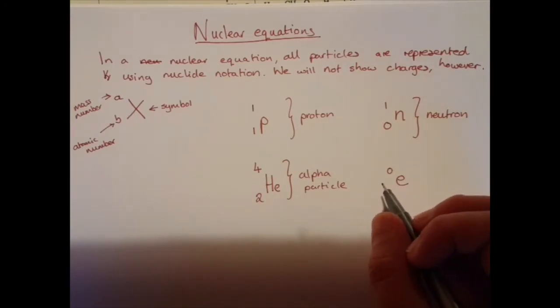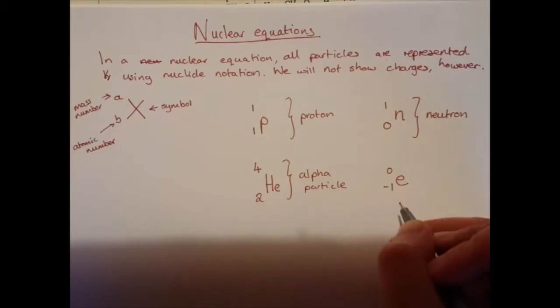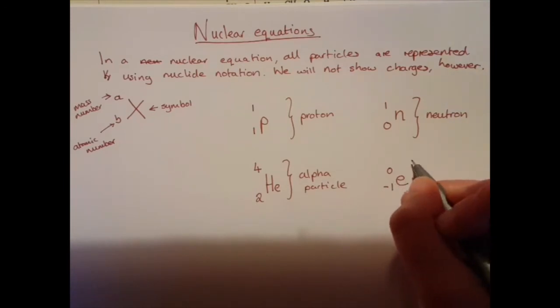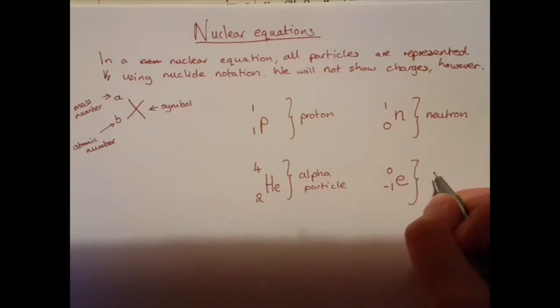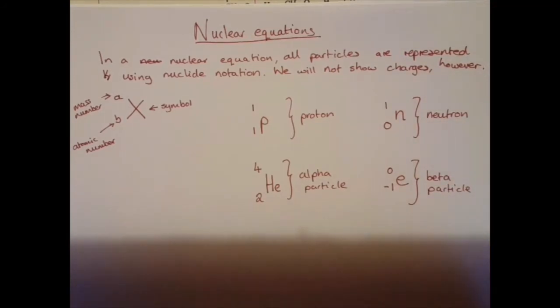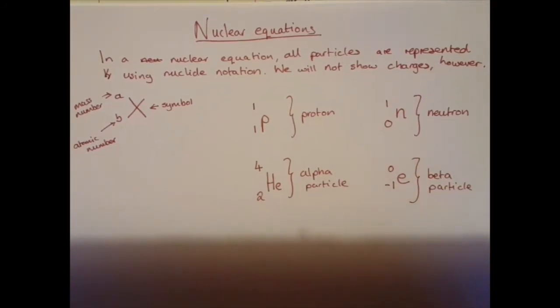We give a beta particle an atomic number of -1, and I'm going to explain that at a later stage when we look at some examples. So just for now, make sure you've got the notation for a beta particle written down. The reason that the beta particle has an atomic number of -1 is to do with the next little bit that we're going to write down.